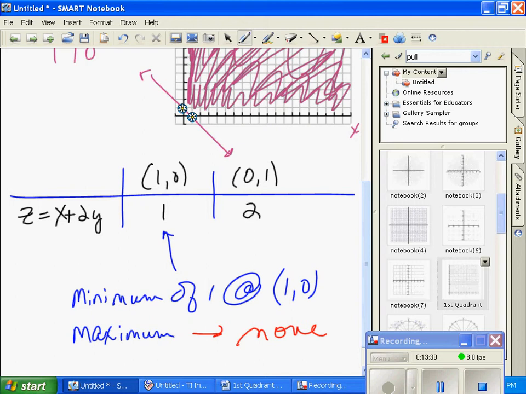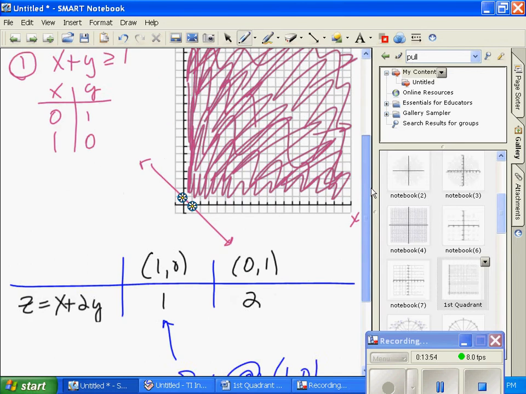Okay, next page. Existence of a solution, you can read that box up there. Fundamental theorem of linear programming. This is what we have been doing, using this fundamental theorem of linear programming, which states the optimum value for a linear programming problem occurs at a vertex of the region of feasible solutions. Our region of feasible solutions is the graphs that we just did.